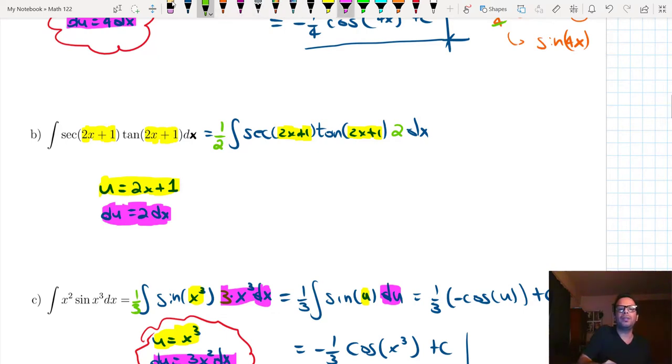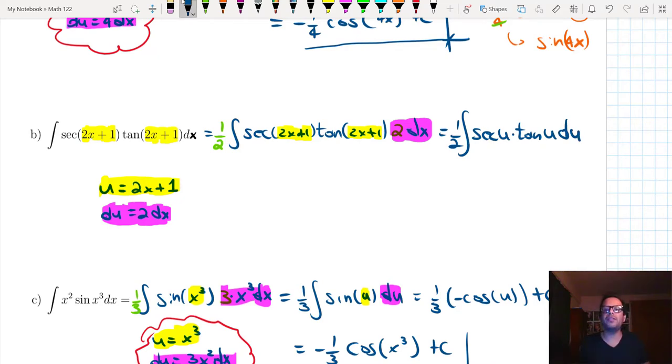So that will become 2dx, okay? So let's do the substitution now. We are going to do 1/2 times the integral of secant of u times tangent of u du. How do we integrate secant tangent?